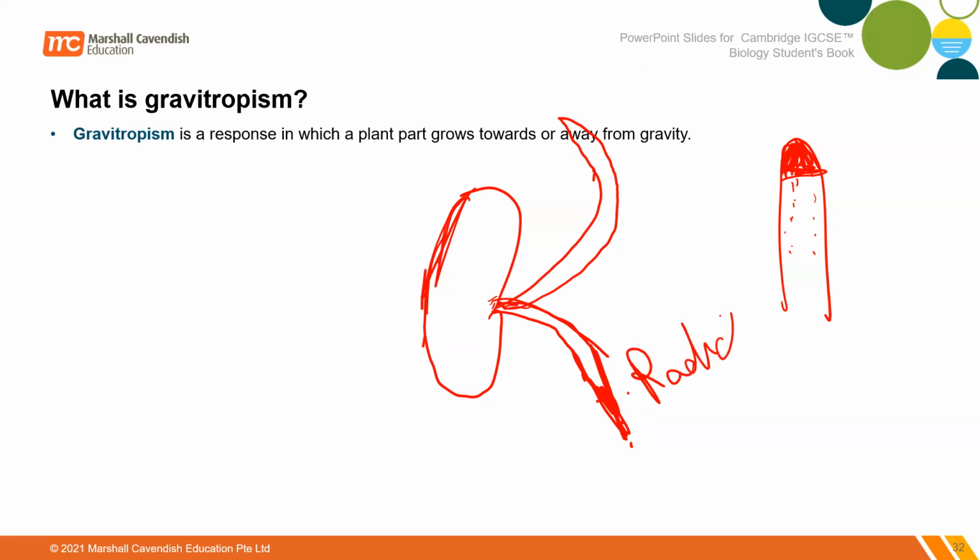This is the radicle اللي هي بتبقى الروت and this one called plumule اللي بتبقى بعد كده الشوت part of the plant.